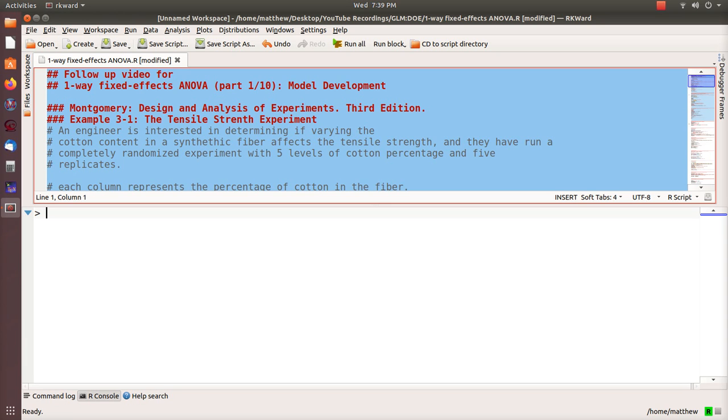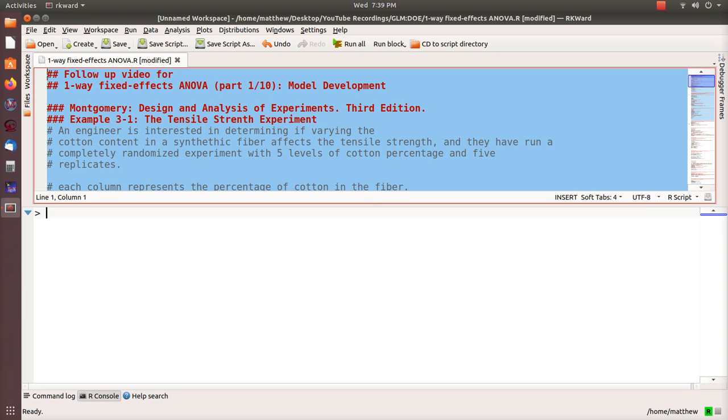The example that we're doing is from a book by Montgomery called Design and Analysis of Experiments. It's the 3rd edition, and we're looking at example 3.1. They call it the tensile strength experiment, where they look at different fabrics with different percents of cotton in it. So a 15% blend, a 20% blend, up to a 35% blend.